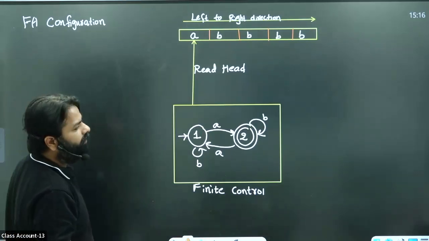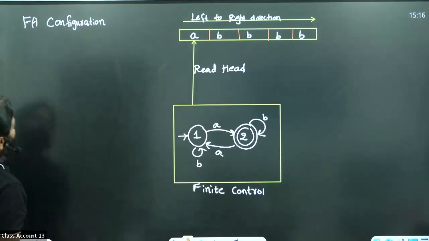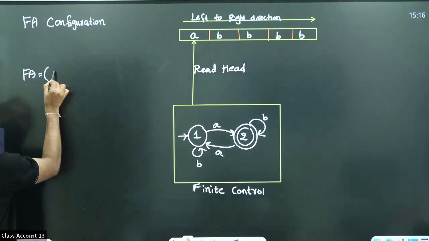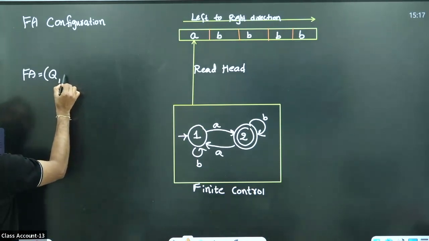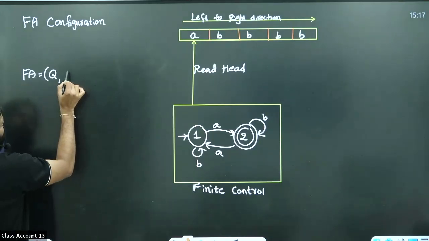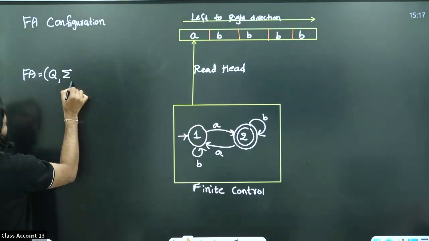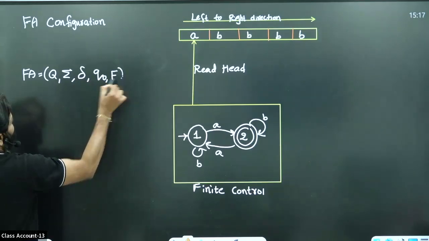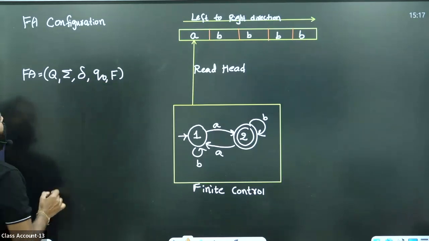You can see this configuration. This finite automata comprises 5 parameters. They are Q, sigma, delta, Q naught, and F. So what is Q here?